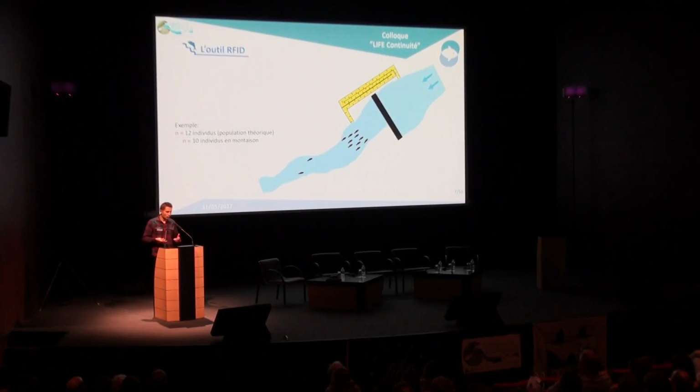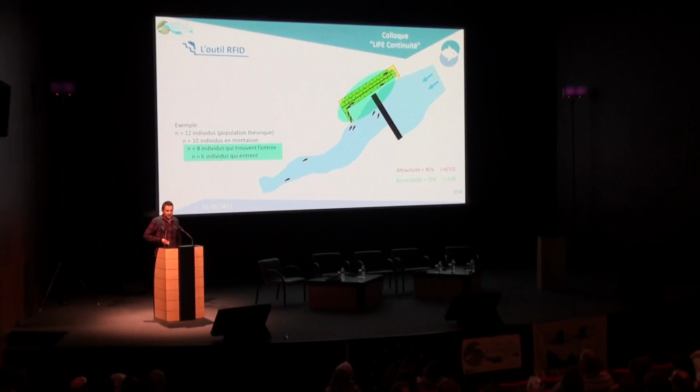There are 12 individuals here moving through this river, and 10 of them are present downstream. Out of these 10, only 8 will find the entrance of your fish pass. So this number really defines the attractivity of your tool. That's 80%.